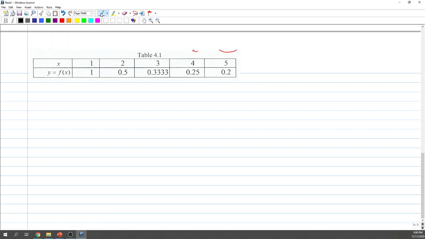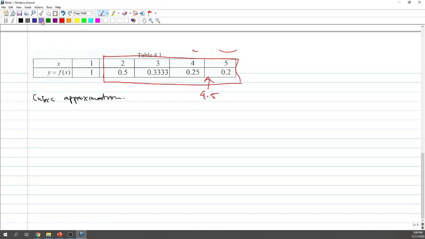Okay, so now they ask us to find using the cubic approximation. So 4.5 is over here, and the cubic must have at least 4 points, so 4 points in this area.